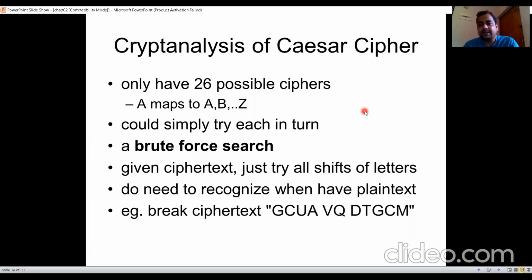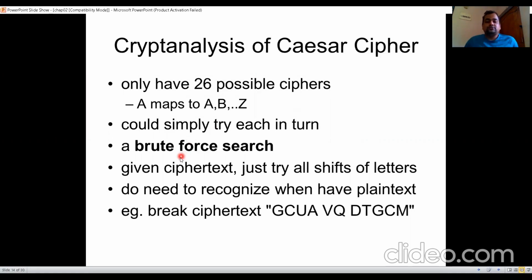That means A can be represented as Z, B in a cyclic manner, and again A, and so on. So there will be a maximum of 26 possible keys. The key value may be 1, 2, up to 26. So it is very simple, and one can easily find the plain text from the corresponding ciphertext.